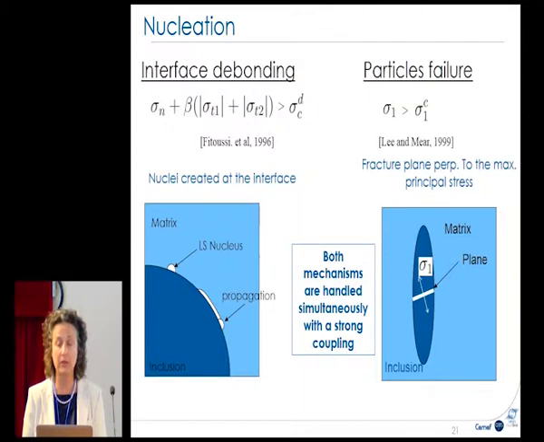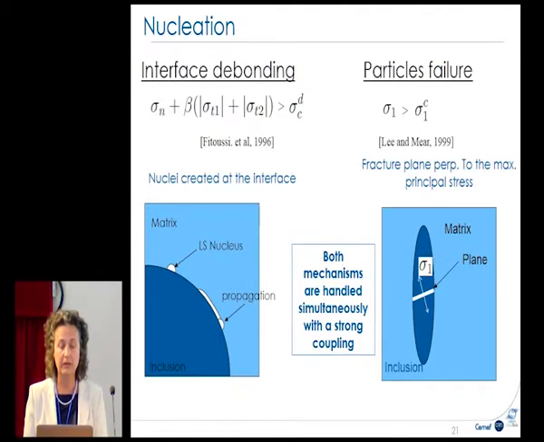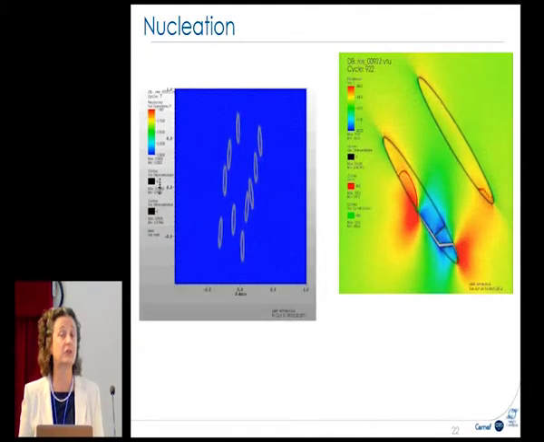Here we apply the level set in 3 domains. We have the matrix, we have the inclusion inside the matrix, but we can also have the void in the matrix, and we define these 3 domains with 3 level set functions.